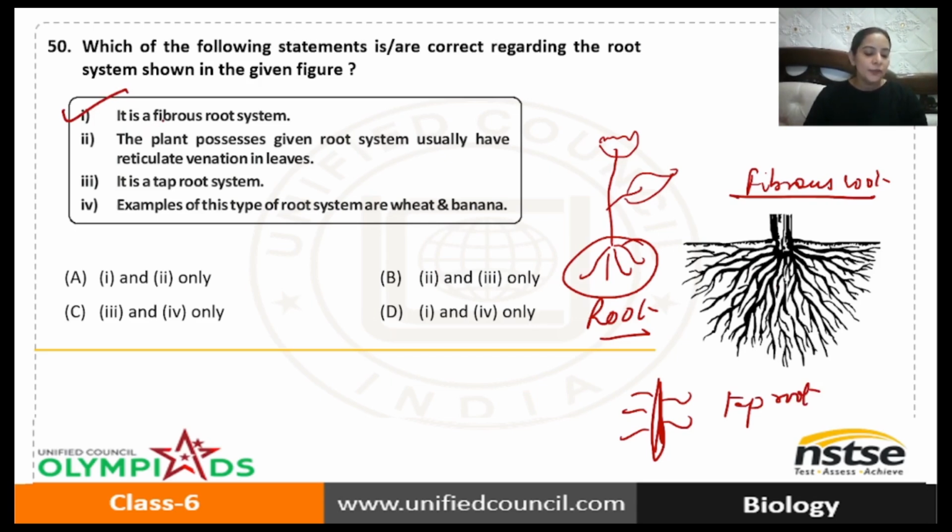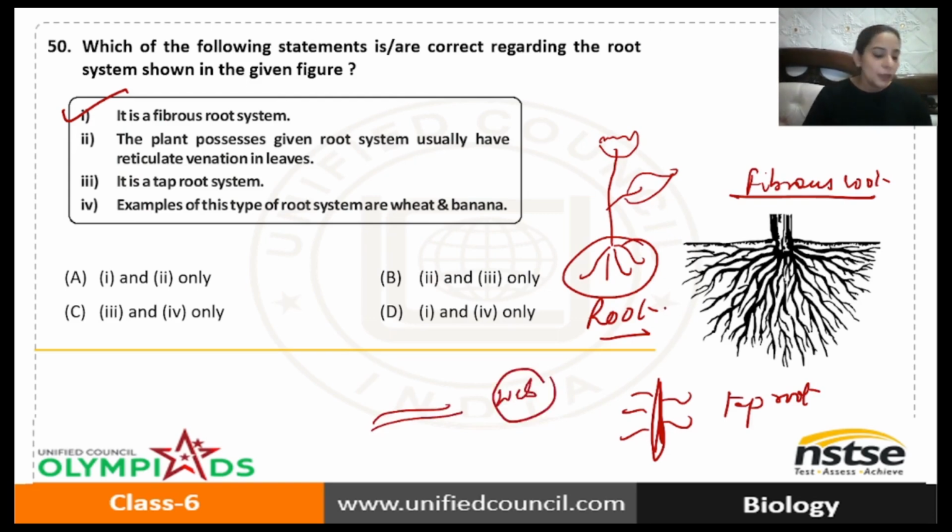That is totally fine. Second says that plants possessing the given root system usually have reticulate venations in leaves. So we have got two kinds of venations: there may be a parallel venation or a web-like venation.